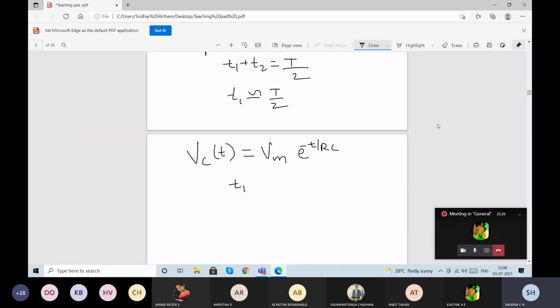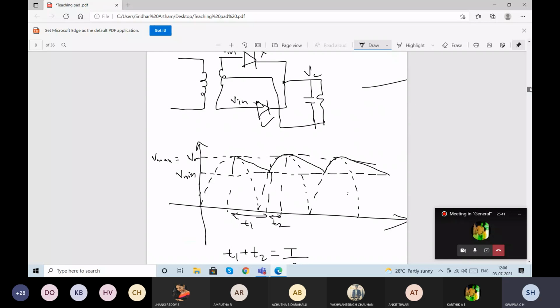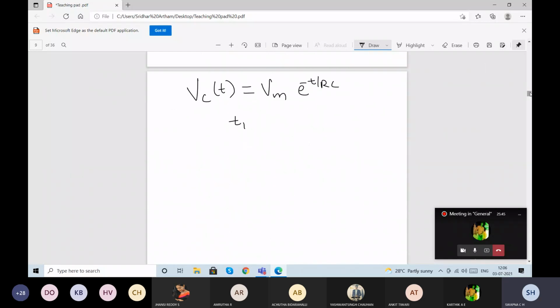T1 is the discharging time. So in time T1, the capacitor is discharging to the minimum value, so t will be equal to T1.